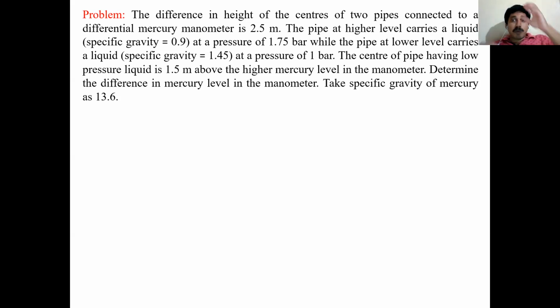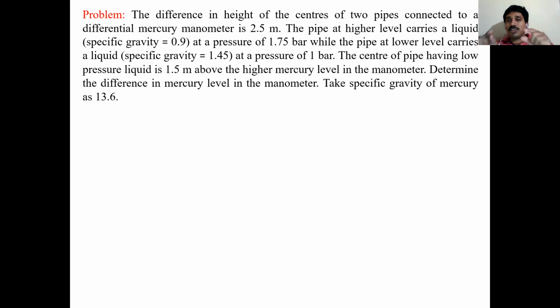The center of the pipe having low pressure liquid is 1.5 meters above the higher mercury level in the manometer. Read carefully. We have two pipes, one higher level pipe and a second lower level pipe.